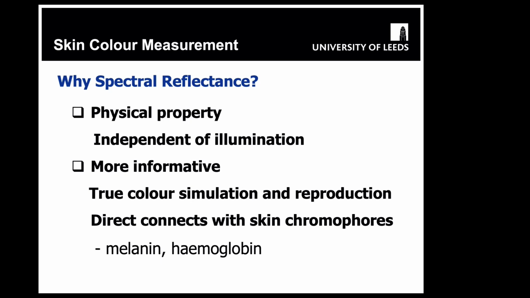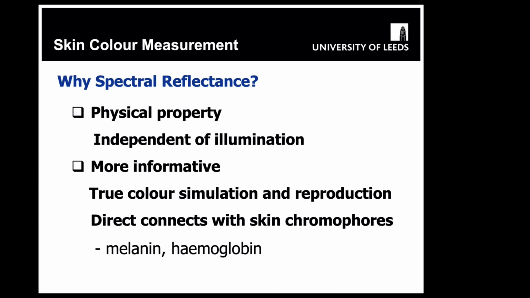We want to collect some valid data for human skin colors. And by this, we try to collect a skin color database in terms of spectral reflectance. And if you are familiar with CIE colorimetry, people try to measure color using the CIE XYZ tristimulus values. But for skin color, we start with spectral reflectance.